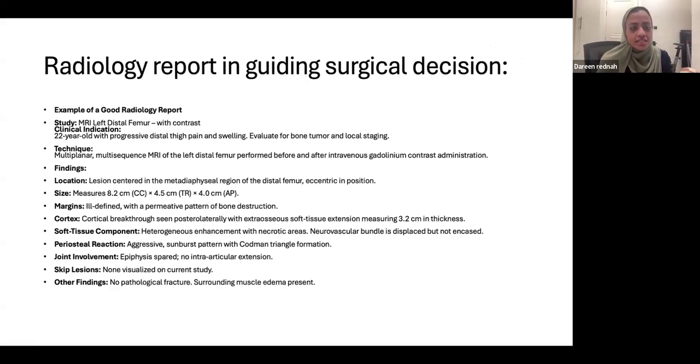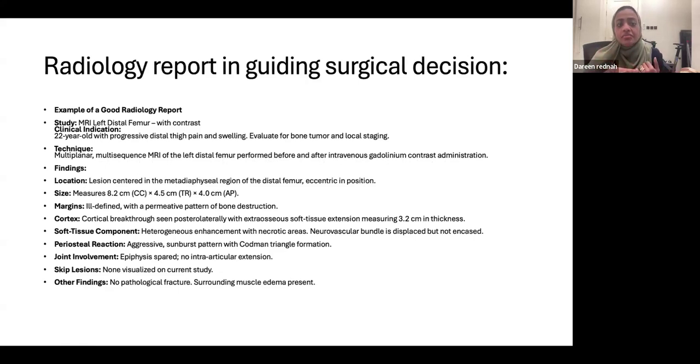Clinical indication: this is what the surgeon should give to the radiologist. 22 years old, progressive distal thigh pain with swelling, evaluate for bone tumor and local staging. Okay? Technique: the radiologist mentioned it's a multi-planar, multi-sequence MRI, left distal femur, performed before and after intravenous gadolinium contrast administration. Findings: this is the best report that any oncologist wants to read.